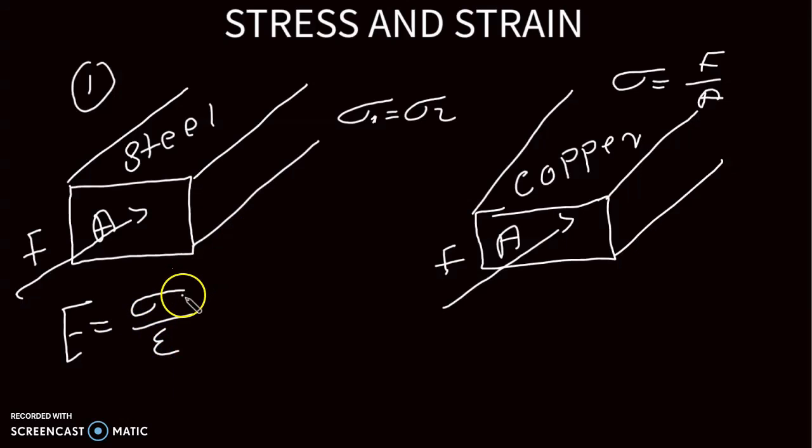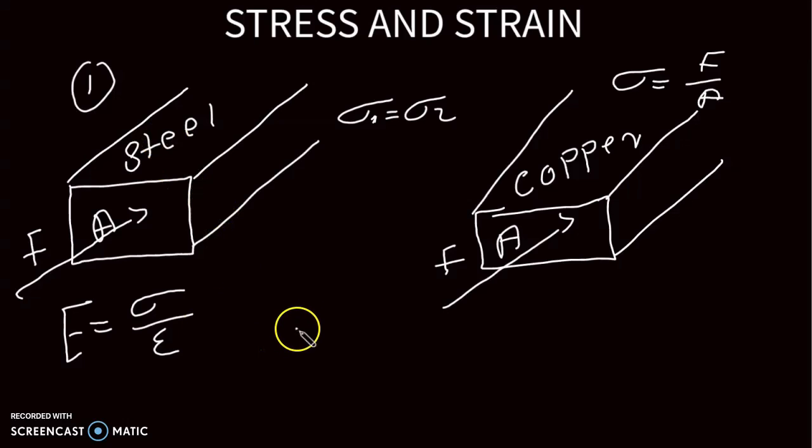The stress is the same, but the strain will depend on the material used for the beam. We know that steel will stretch less compared to copper. So the beam made from copper will have a larger change in length compared to the steel.